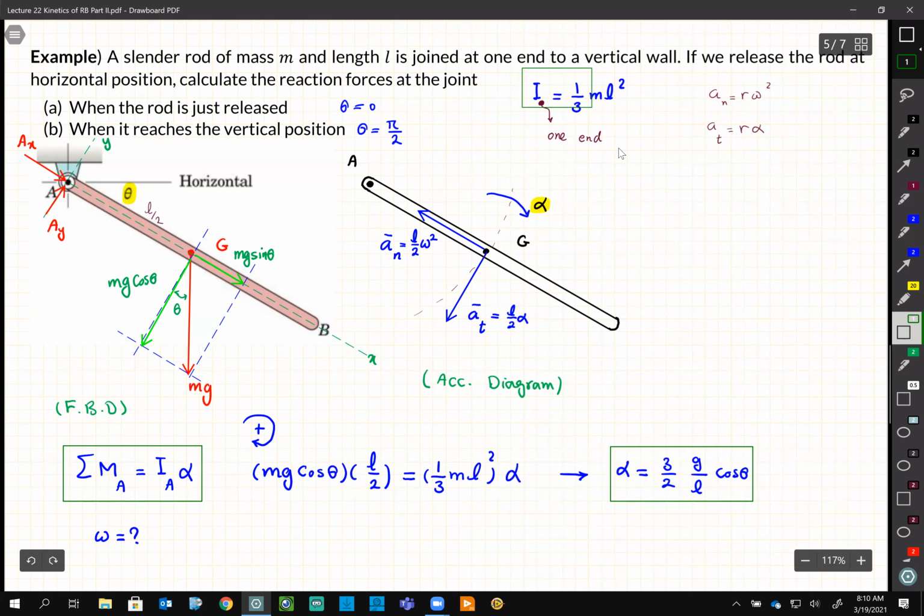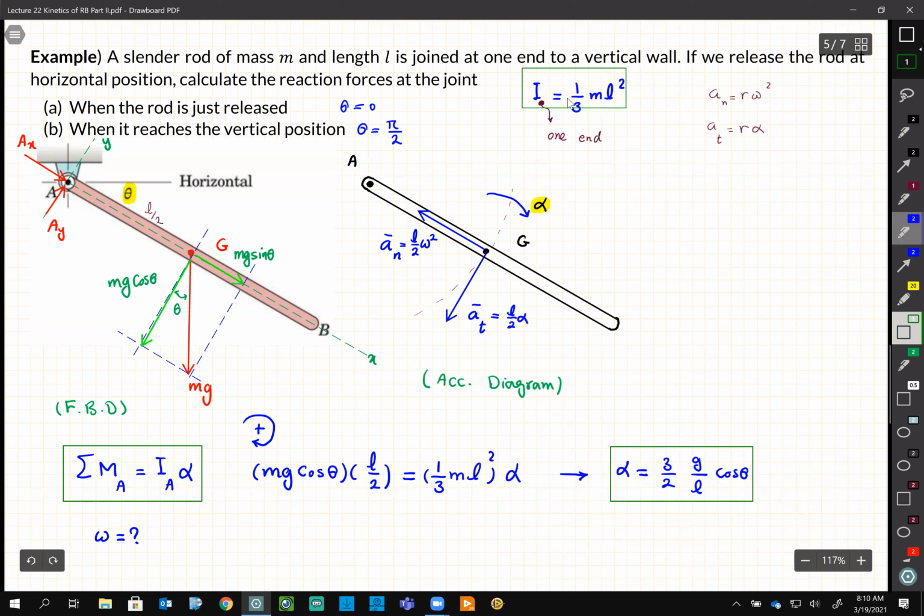Link, a rectangular shape, a disk or a circle, and a ring. These are important objects whose moment of inertia you should memorize. You're going to use them a lot in the future and in this course. So rather than always looking up the table, if you solve enough problems, naturally you will remember those.